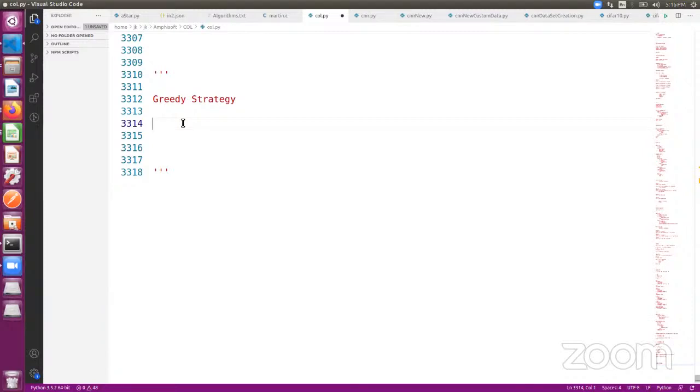Now, a greedy strategy contains only two steps. One is forming a greedy sequence. You'll be given a set of data, and using that set of data you need to do a sequencing in a greedy manner. Second, using this greedy sequence, you have to form the solution.